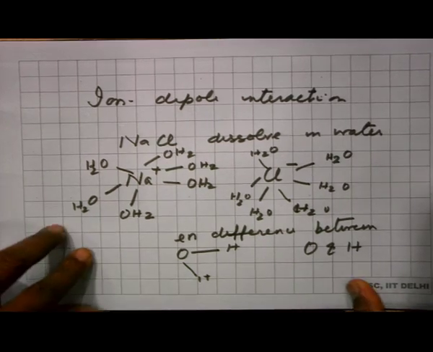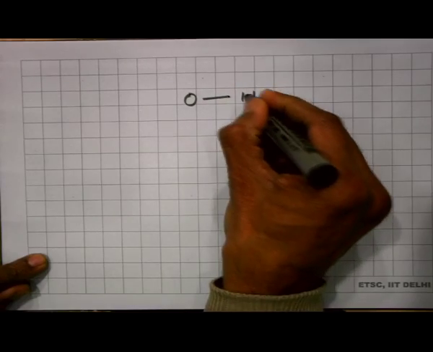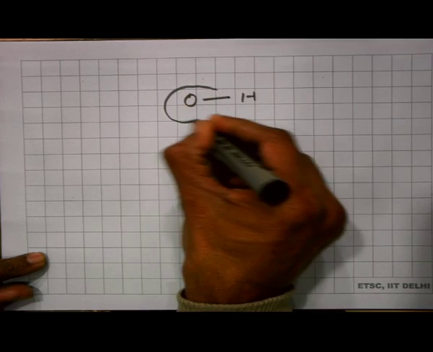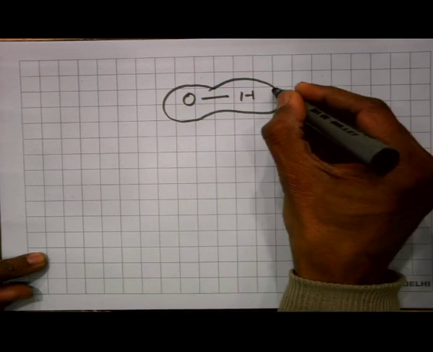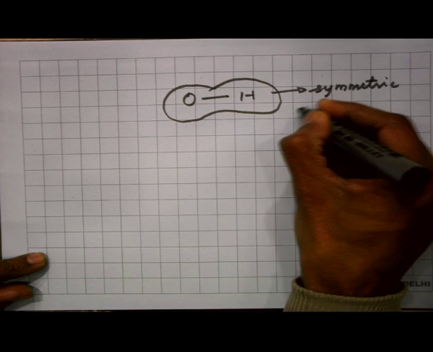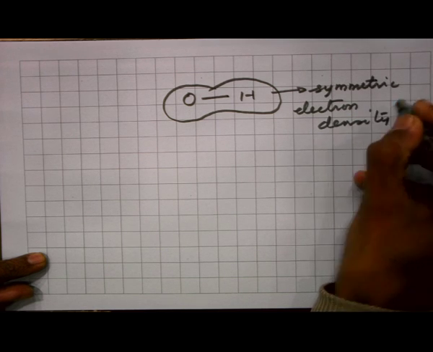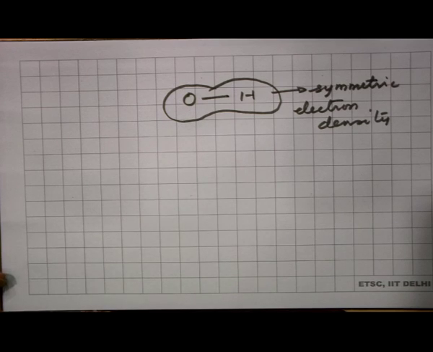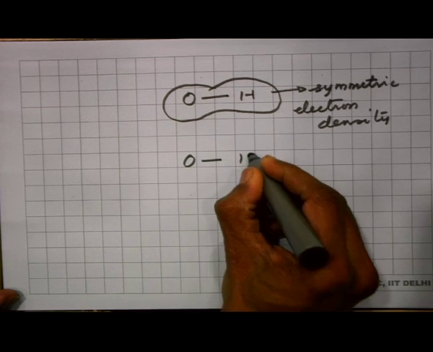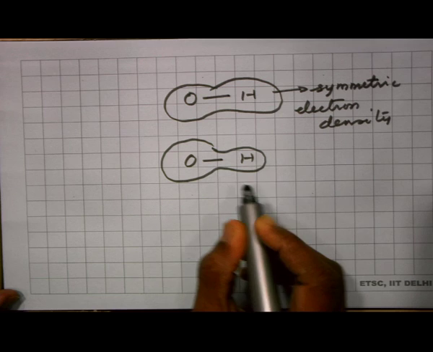So, if you take one particular bond of the water, which is the OH bond, we expect that the electron density will be symmetric if the two atoms were the same. But because oxygen and hydrogen have an electronegativity difference, in reality you will see more electron density around the oxygen and less around the hydrogen.